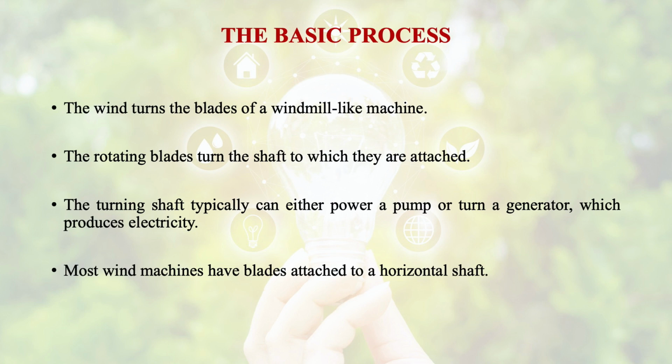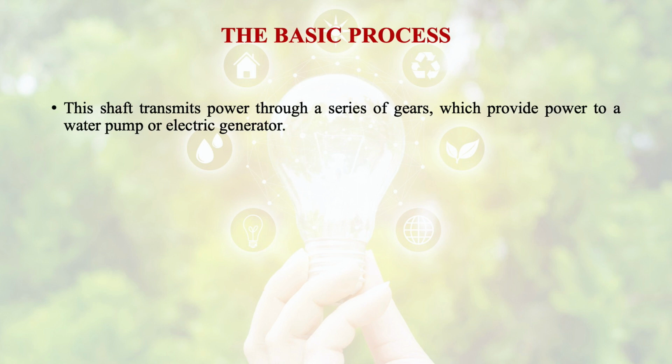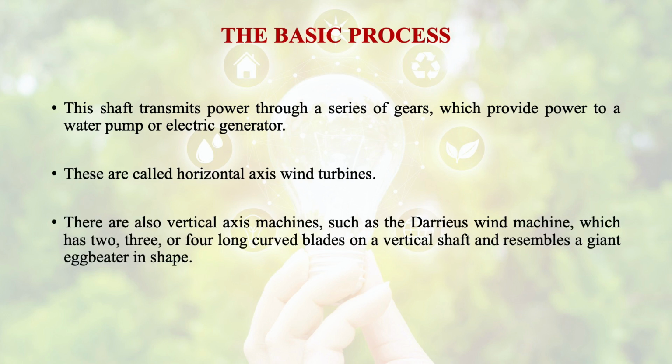Mostly wind machines have blades attached to a horizontal shaft that transmits power through a series of gears which provide power to a water pump or electric generator. These are called horizontal axis wind turbines. There are also vertical axis machines such as the Darrieus wind machine, which has 2, 3 or 4 long curved blades on a vertical shaft and resembles a giant egg beater in shape.